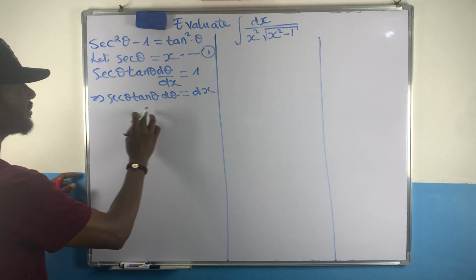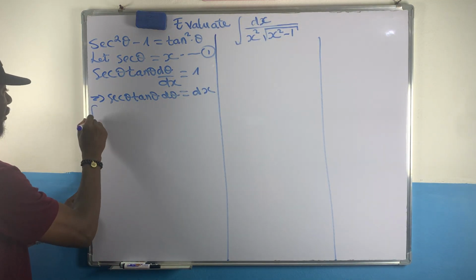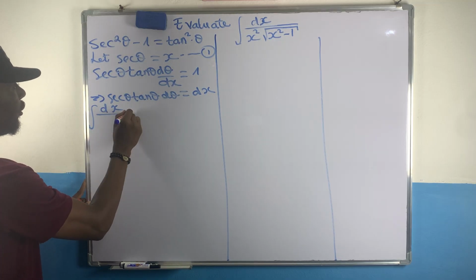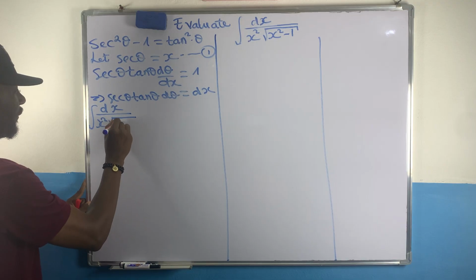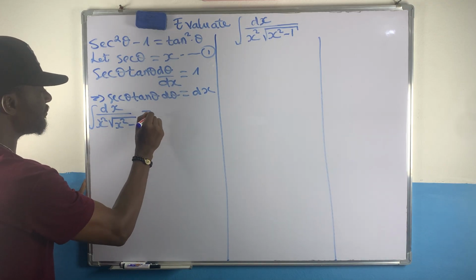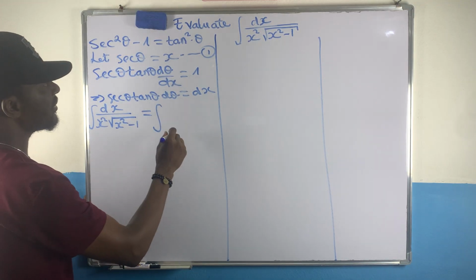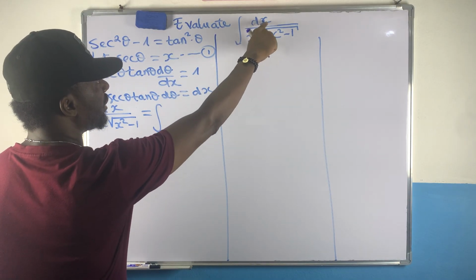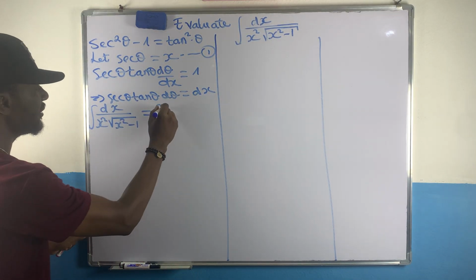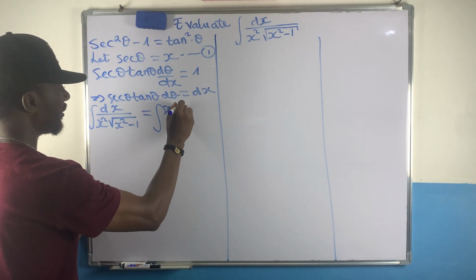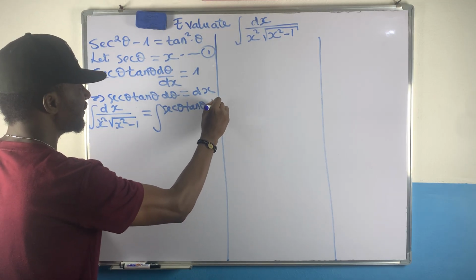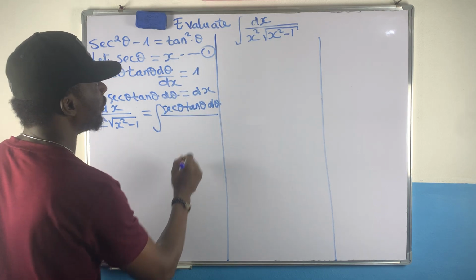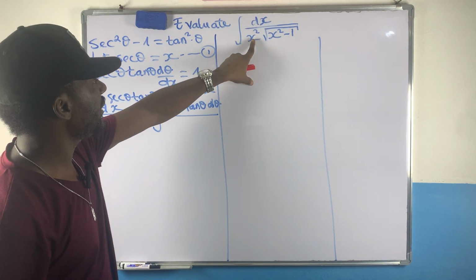It means our integral of dx over x squared times the root of x squared minus 1 becomes equal to the integral. In the place of dx, I will be replacing sec theta tan theta d theta. All that on here is x squared.